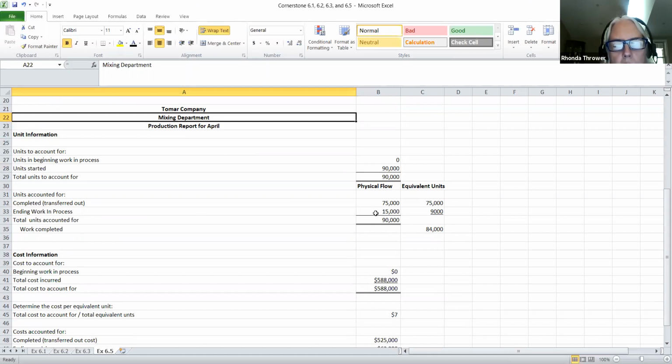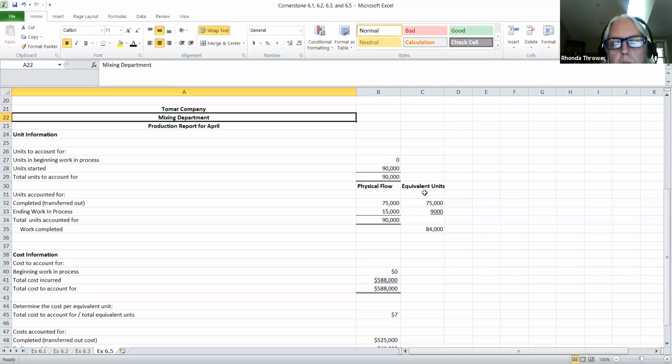That too was given to you. So the transferred out units plus the ending inventory would give you the total units that you have to account for. Notice that reconciles back up to this 90,000 units that we did here. These are whole units that we're talking about here.